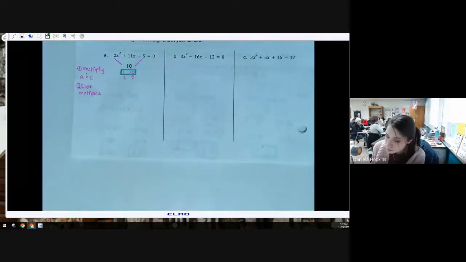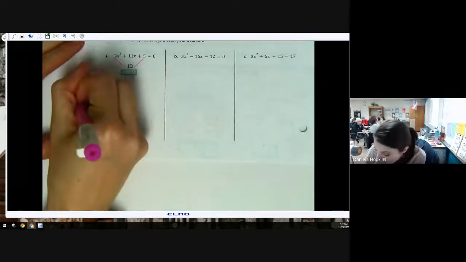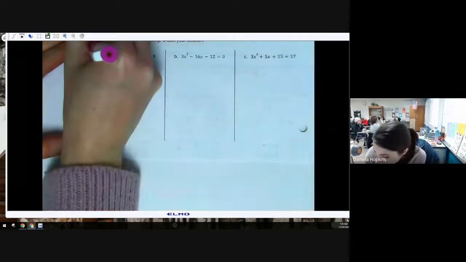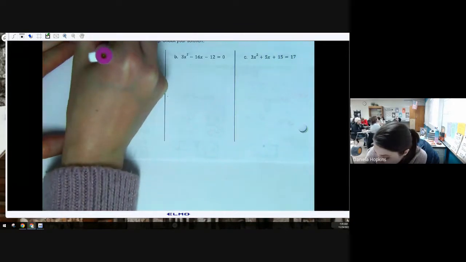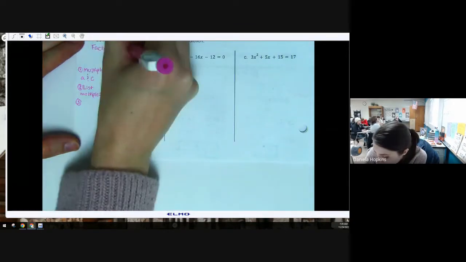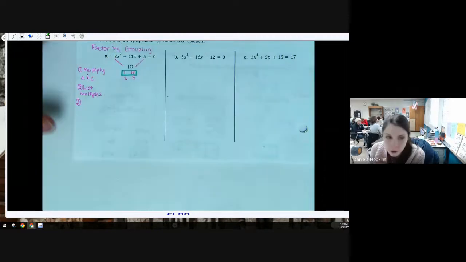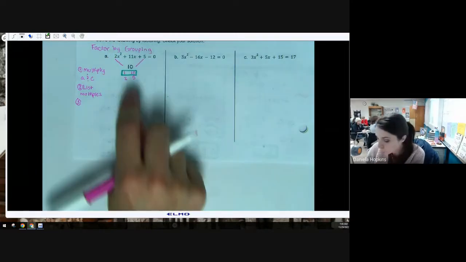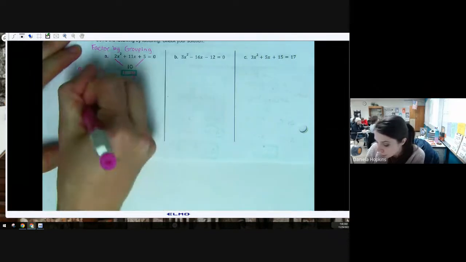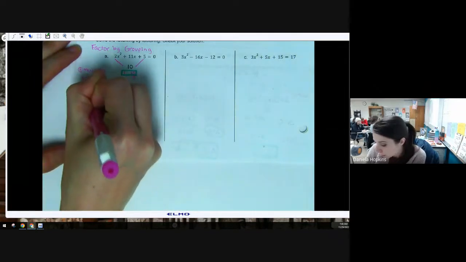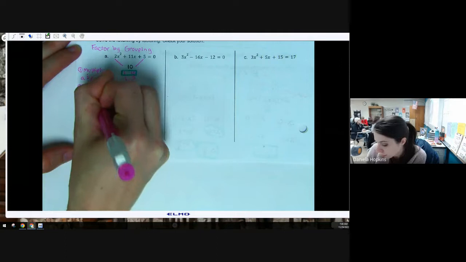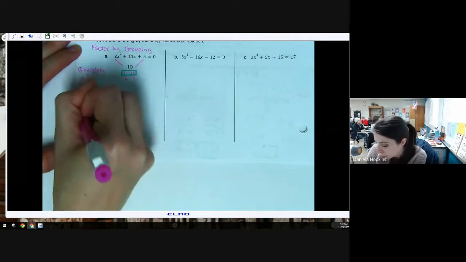So once you find those multiples, this is also where it's different. So in this method, and I guess I'll call this factor by grouping, once you find your multiples, you're going to "split" the B term.